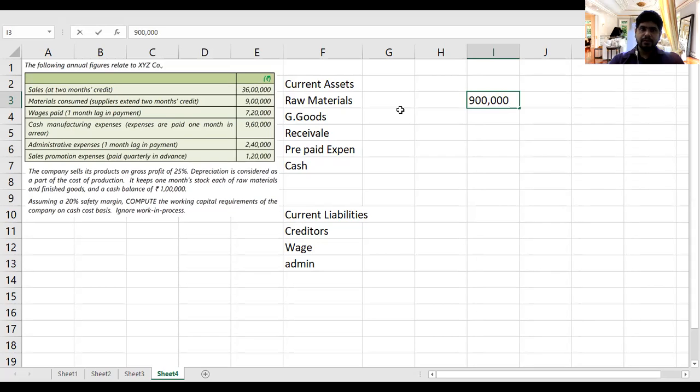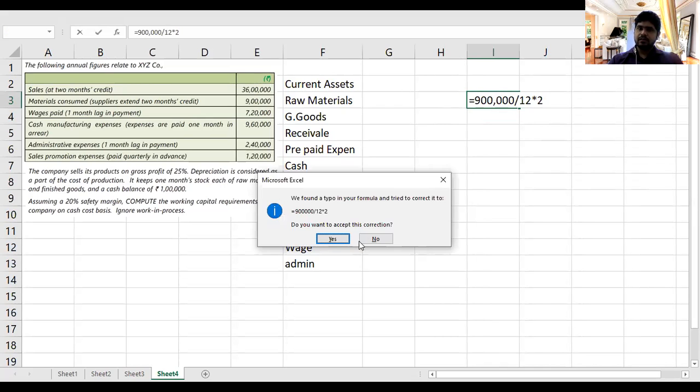We have to keep raw material for about 2 months. So therefore, we have to divide by 12 and multiply by 2 months, right? How much?